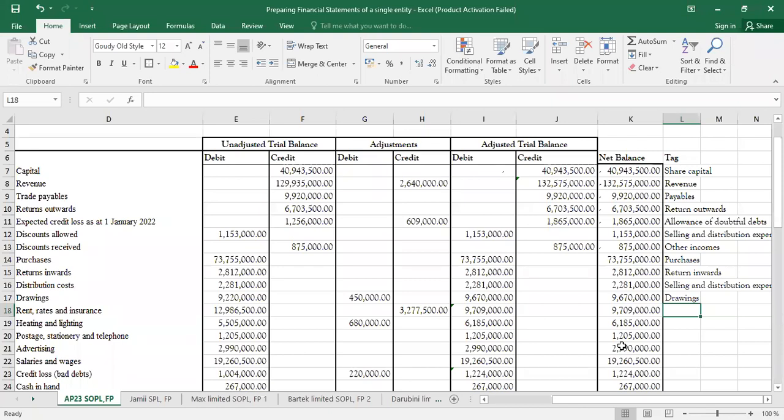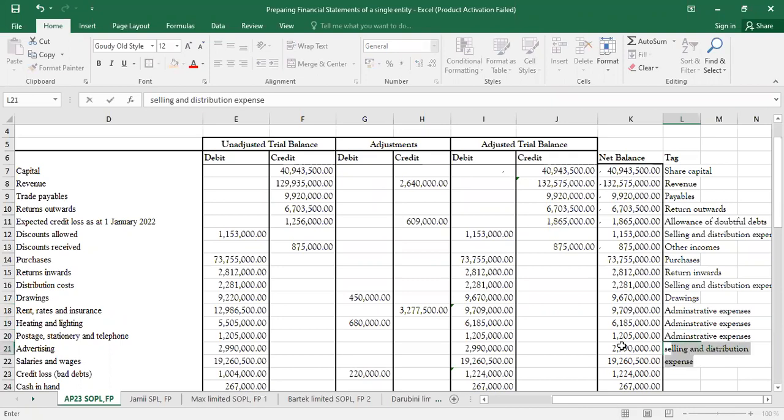Then we have rates, rents, and insurance. This one can be called administrative expenses. Then we have heating and lighting, also administrative. Postage and stationery, administrative. Advertising, selling and distribution.